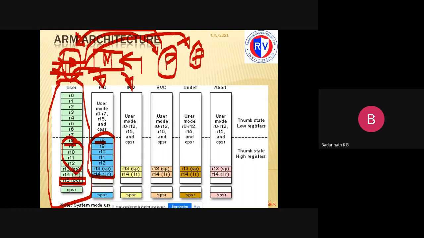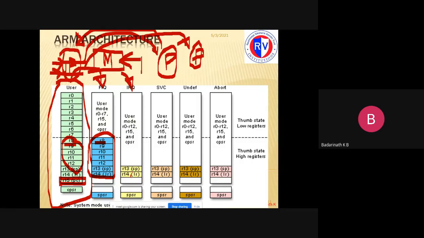When you come here, the stack of this program will be different. You're pushing and popping related to this program. When you come here, the pushing and popping into the stack of this program will be different. That is why each program may have a different stack. So they said the stack pointer and link register should be given separately in every mode. At least the throughput is better if you don't provide these ones.